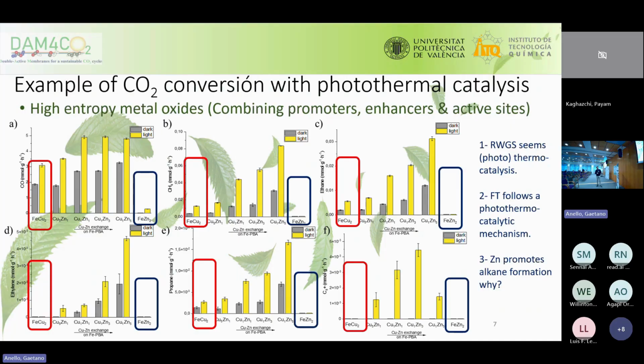The introduction of the zinc, making the three metallic oxide, will have an improvement of the carbon monoxide production, not really high compared to the initial material. But when we go to the Fischer-Tropsch products, which are the methane, ethane, ethylene, propane, and butene, you can see that the mixing of these 3 metals has a synergistic effect.